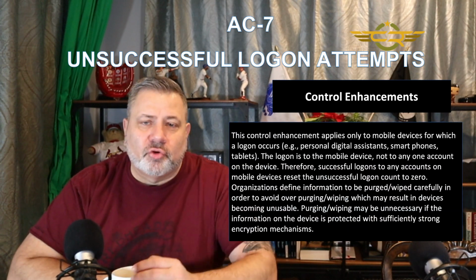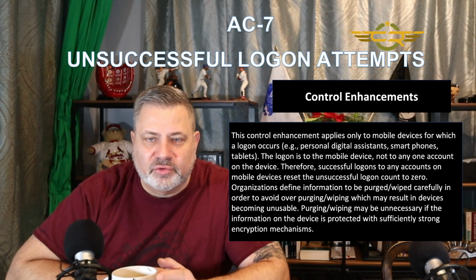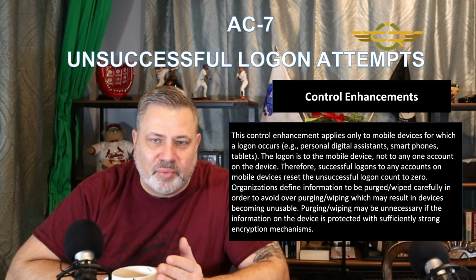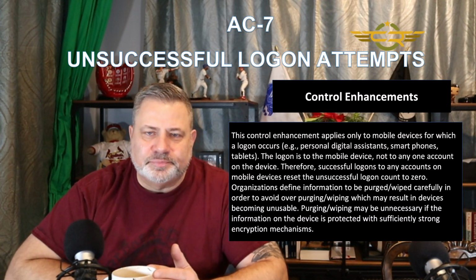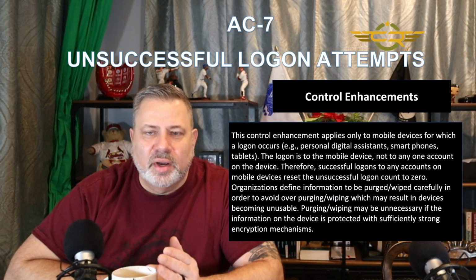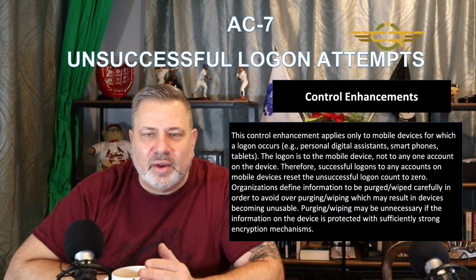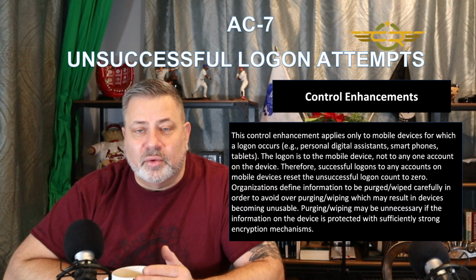So this control enhancement applies only to mobile devices for which logon occurs. Some of the examples here: personal digital assistants, smartphones and tablets. The logon to the mobile device, not any one account on the device. Therefore, successful logons to any account on the mobile device reset the unsuccessful logon count to 0.